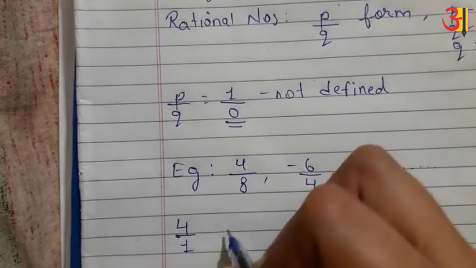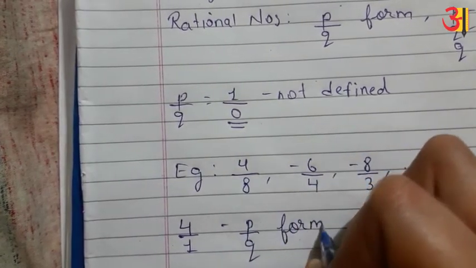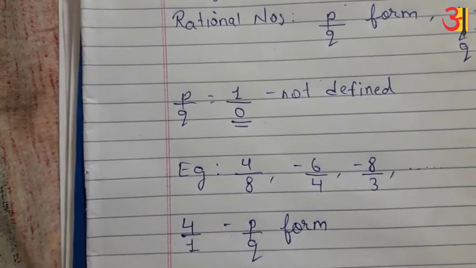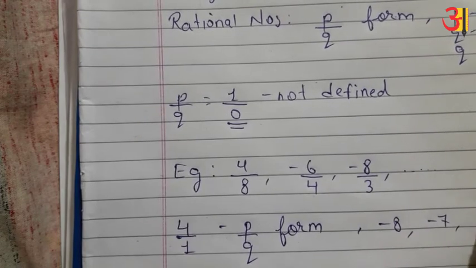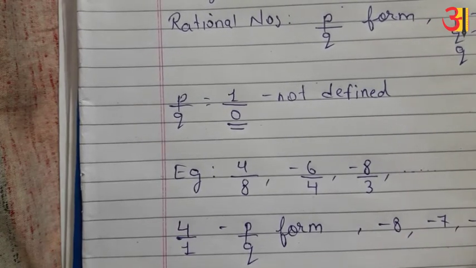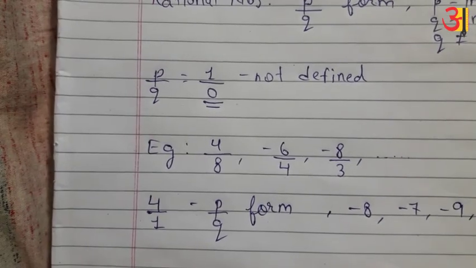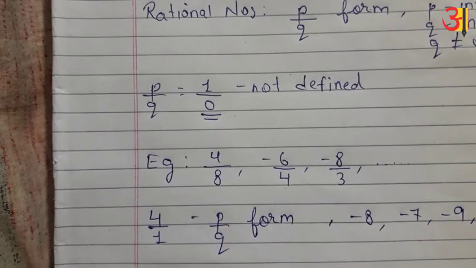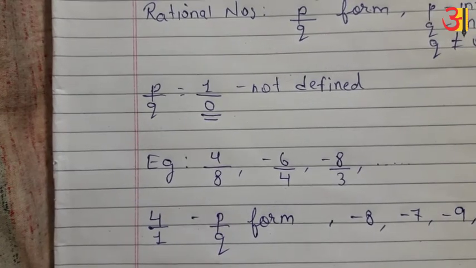So it is again P upon Q form. Any number which has denominator 1 is also a rational number, for example -8, -7, -9 and all these numbers are also known as rational numbers. They are integers as well as rational numbers. So we can say that integers can also be rational numbers.